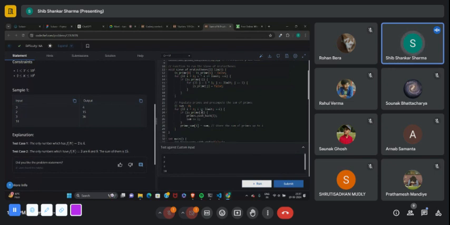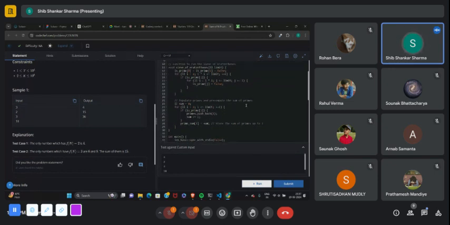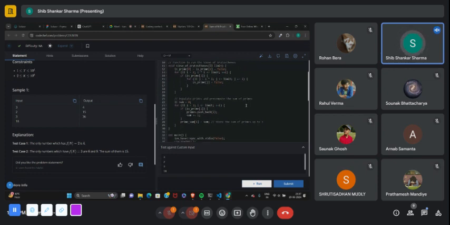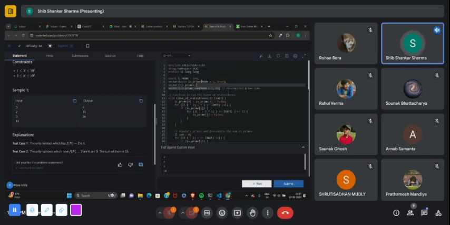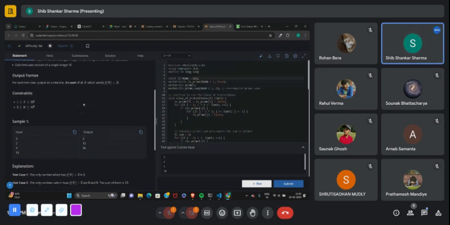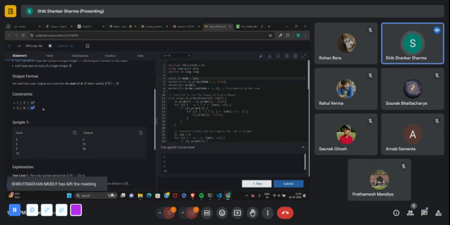You can mention that in any other group and we'll be happy to help you out. But right now in this meeting I'm not talking about the sieve. You can just consider it to be a method which could very efficiently calculate and mark the prime numbers up to a particular limit. In this case, we are taking the limit to be 10 to the power 6, because our k can be as big as 10 to the power 6.